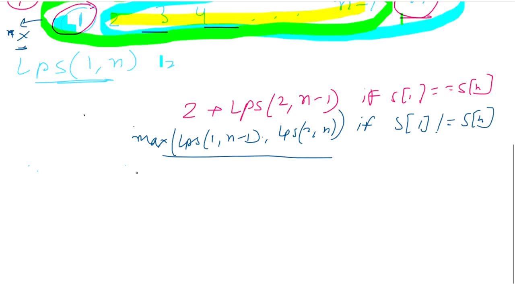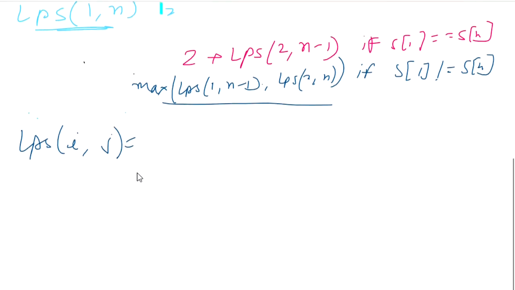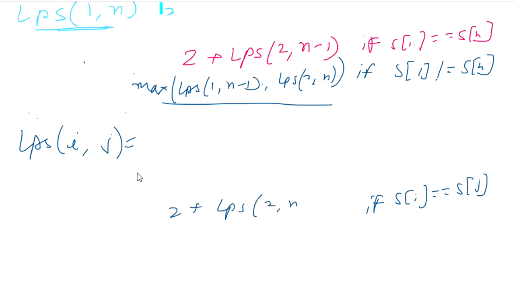Suppose that you have a string whose beginning character is i and end character is j. In that case, if si equals sj, then we should return 2 plus LPS of i plus 1 comma j minus 1. Sorry, let me erase that.